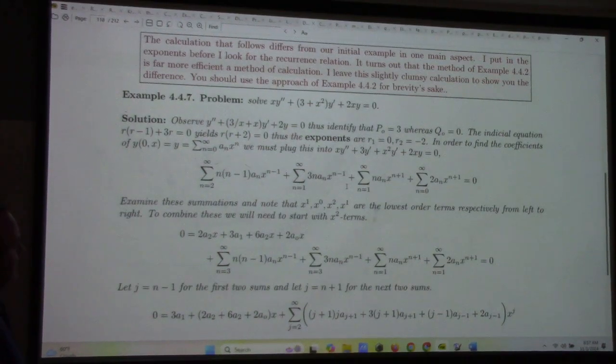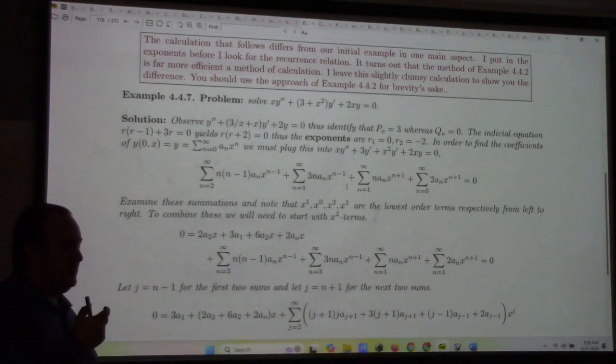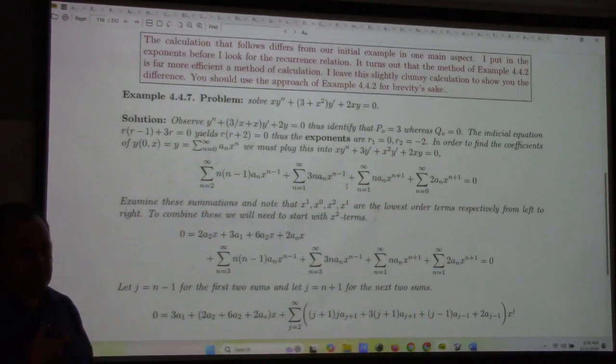And anyway, this next problem, we end up with 0 and minus 2 for exponents. Something funny happens with the Frobenius method when the indices differ by an integer; you get yet another case.